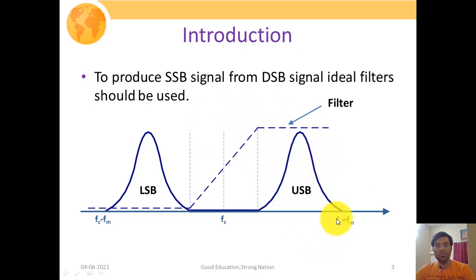It contains both the upper sideband as well as the lower sideband. And if we want to select only a single sideband, either upper sideband or lower sideband, we will require very sharp cutoff filters which can easily separate the two sidebands, and we can selectively get either upper sideband or lower sideband, which is nothing but your single sideband signal.